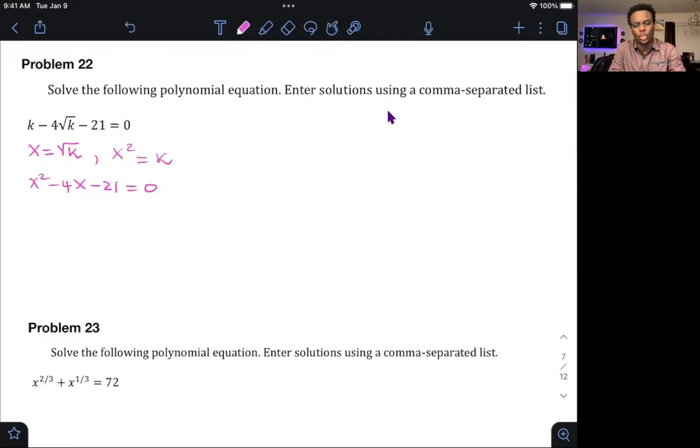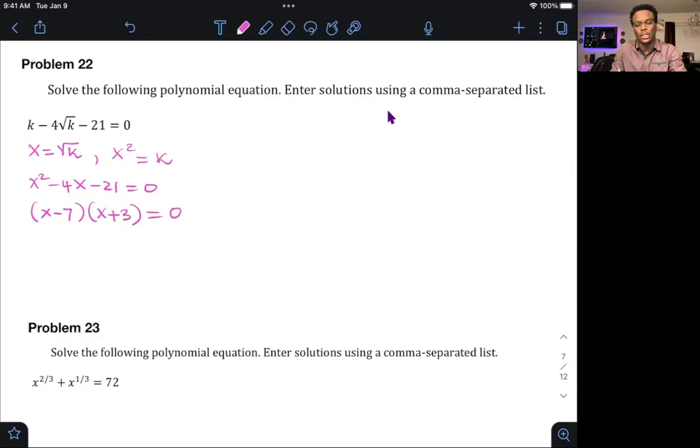I can find two factors of negative 21 that add up to negative 4. Think of it. So the two factors are negative 7 and positive 3. So that's x minus 7, x plus 3 equals 0.